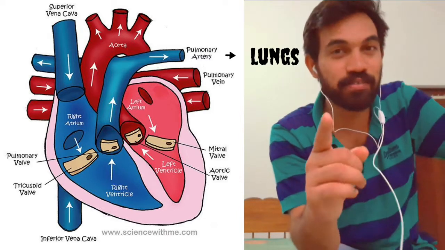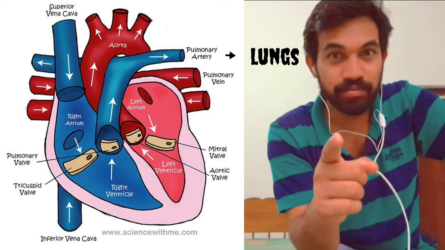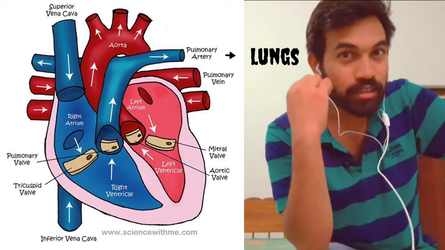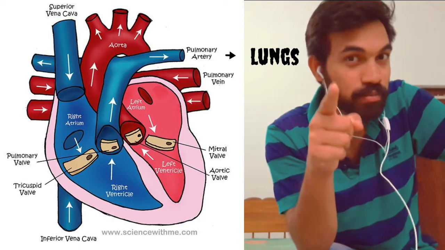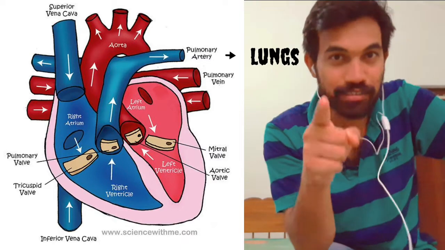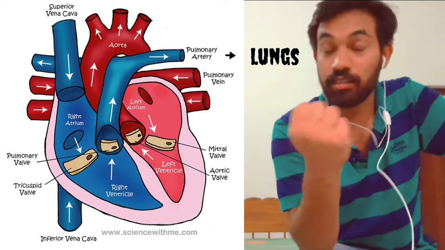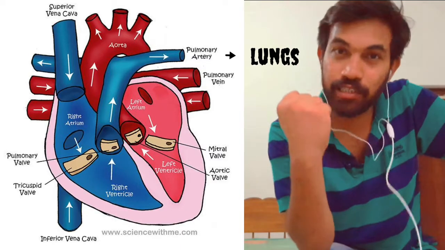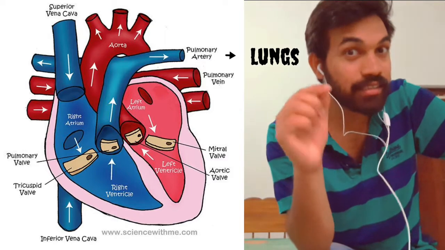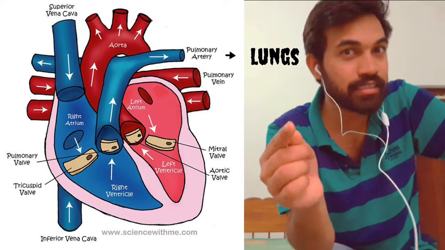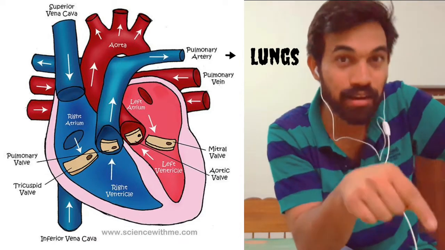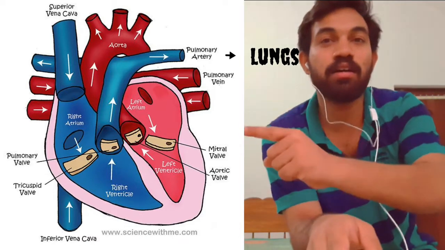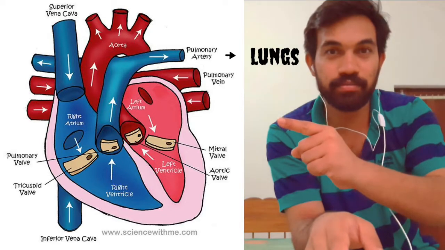By the process of respiration. When you breathe in, the oxygen is collected in the, are you able to remember it? Alveolus, isn't it? The oxygen is collected in the alveolus, and this oxygen is diffused into the deoxygenated blood that comes from the pulmonary artery.